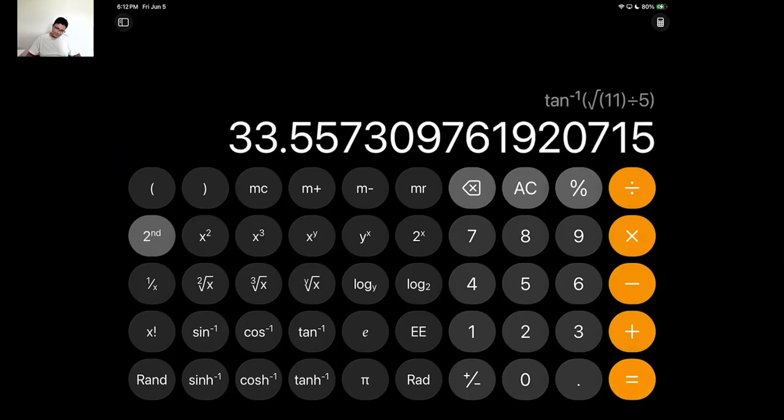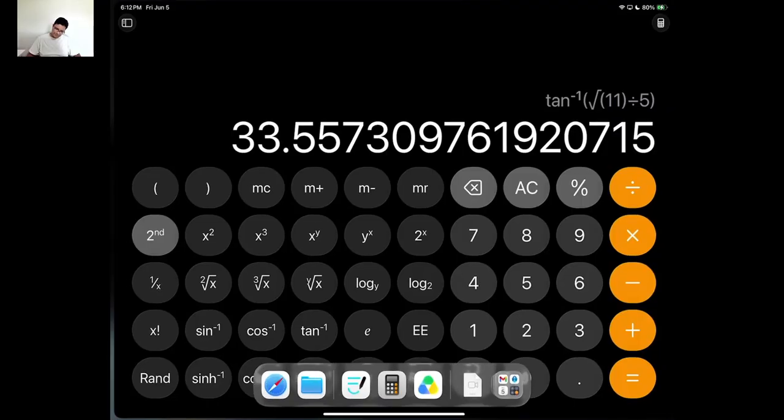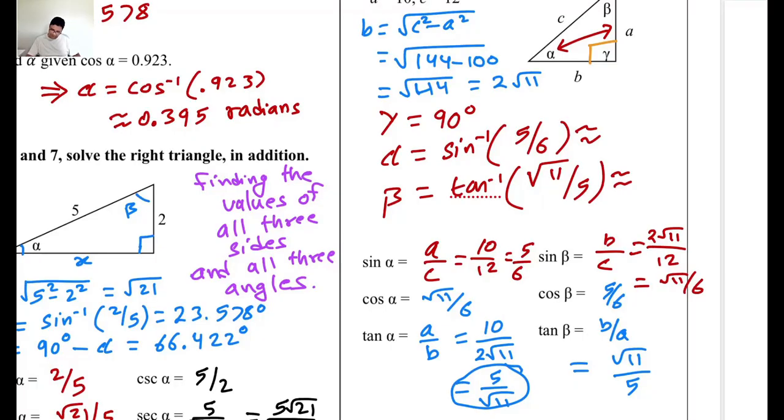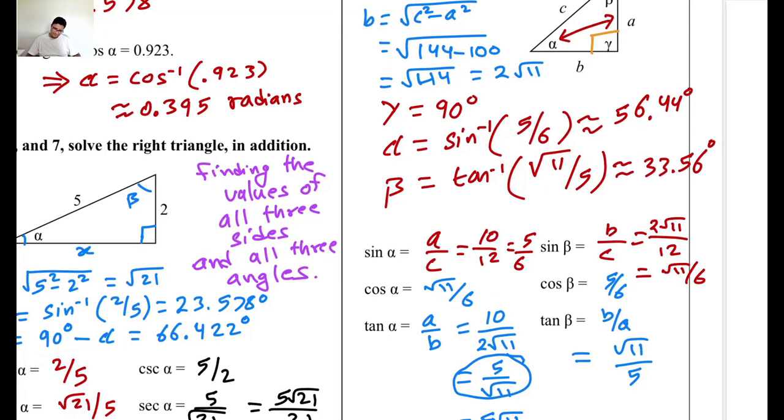Okay, 33.56. I'm going to round up to 2 decimal places. 33.56 degrees. So that is going to be, we did this a second ago, 56.44.